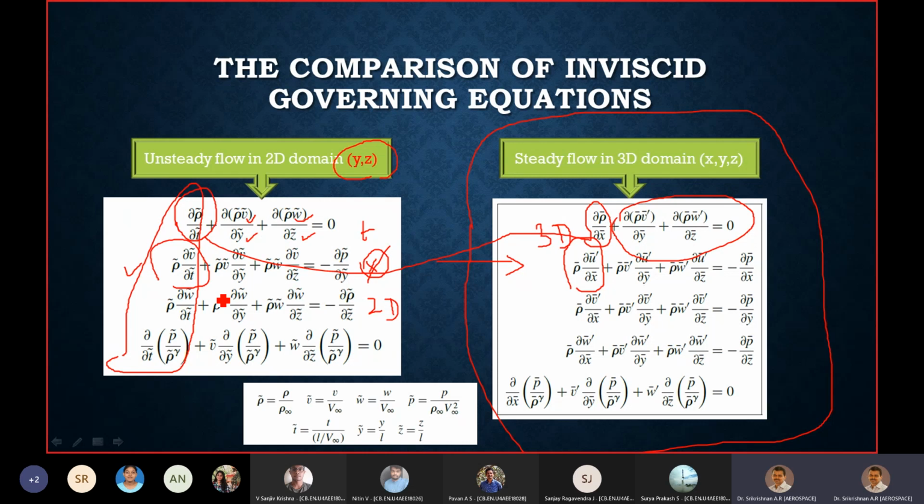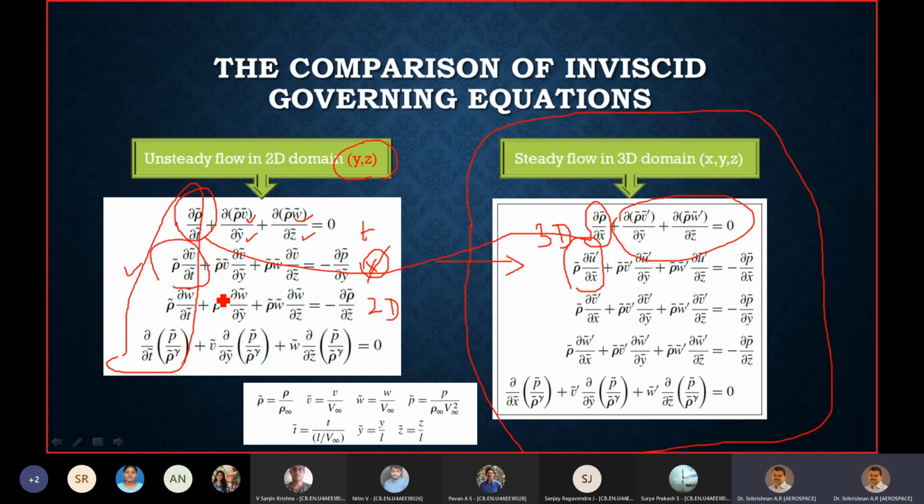So there is some mathematical similarity between these equations, which means that if I have solution for one of them, then I can try to correlate it to what happens in the other system. I'm just stating this now. We'll try to understand this more physically in the coming discussion. Okay. So this is what we are trying.